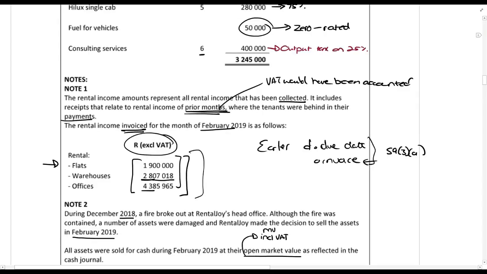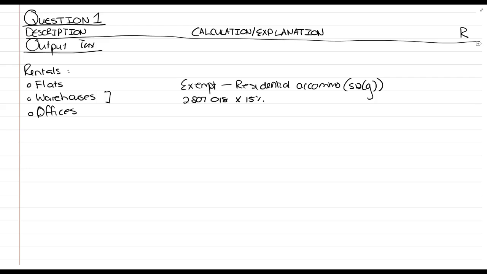Then the offices, 4385965. Both of these times 15%.